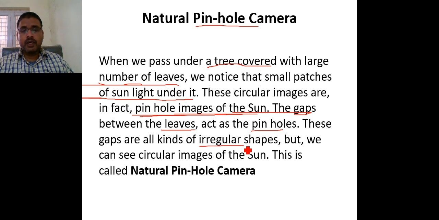That's why the images on the earth are basically irregular in shape, but we can see a circular image of the sun. Whenever we see a circular image of the sun on the earth, it is basically a natural pinhole camera.